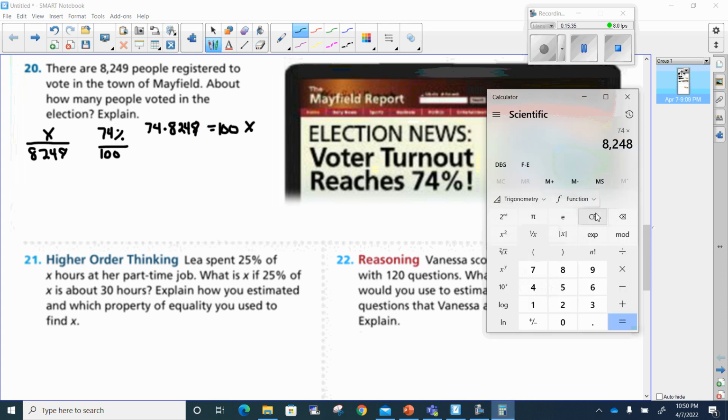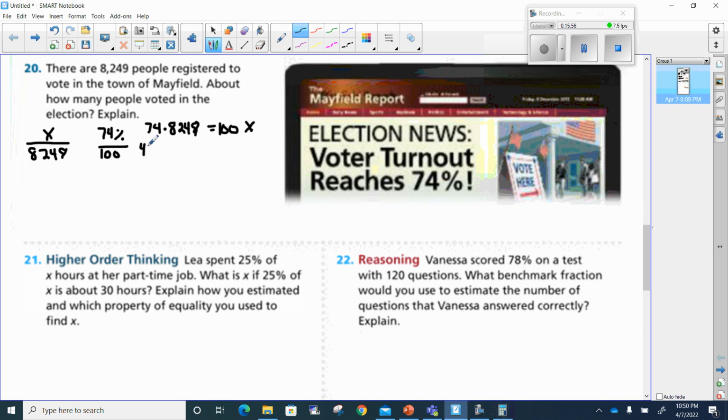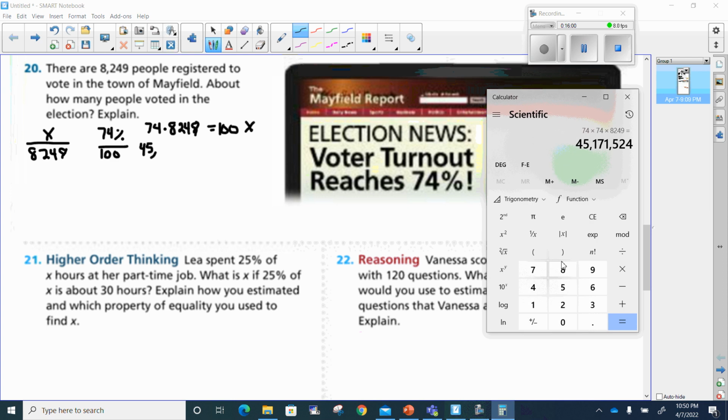So this is going to be 74 times 8,249. That's, wow, 45 million, 171.